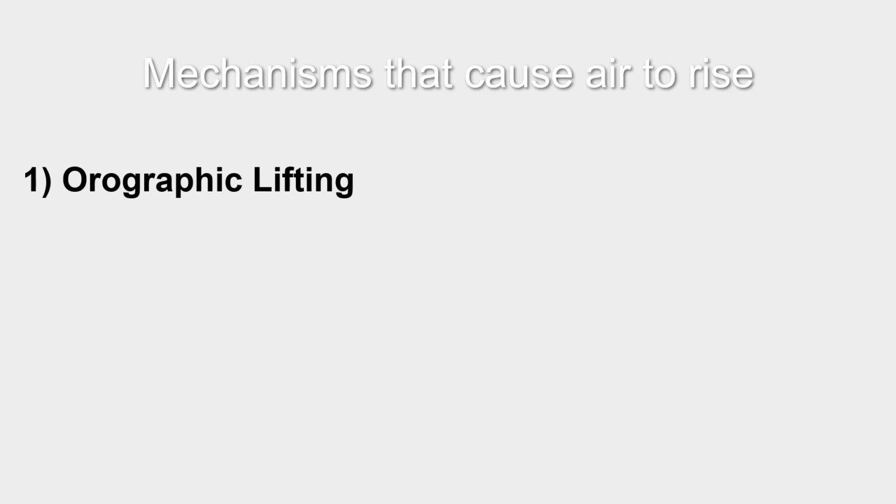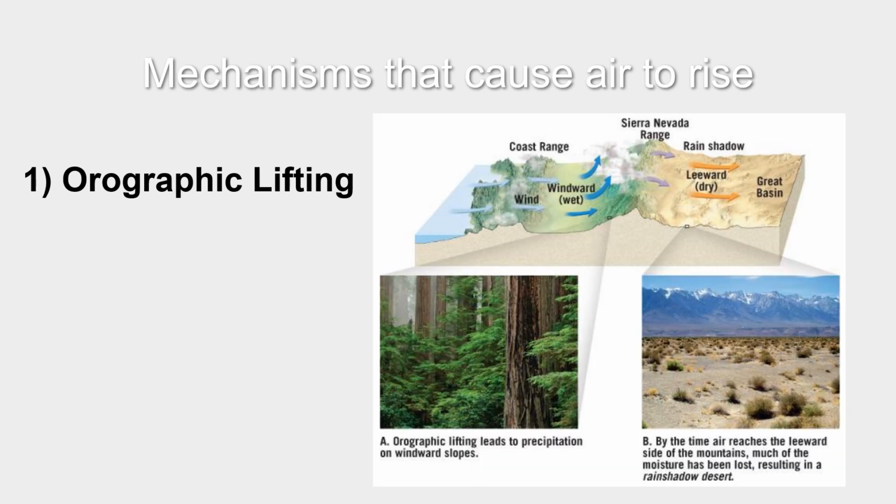Orographic lifting occurs when air is forced to rise over a mountainous barrier. You can see here a picture, an example of orographic lifting in this green mountain. Orographic lifting leads to precipitation on windward slopes.